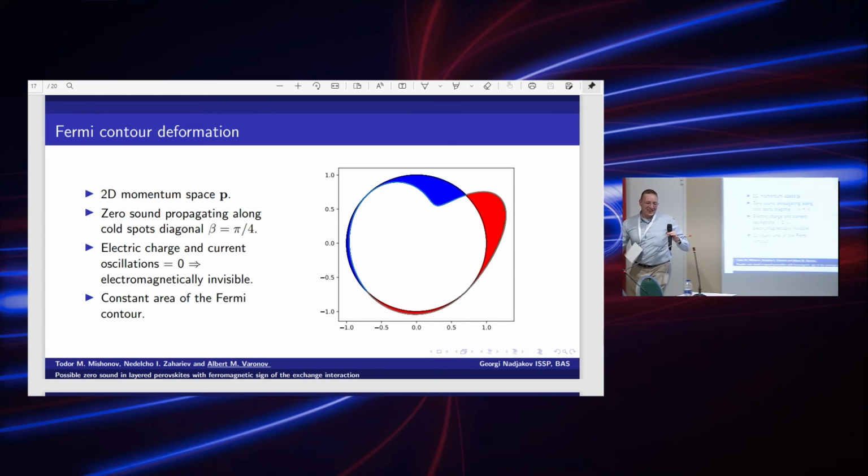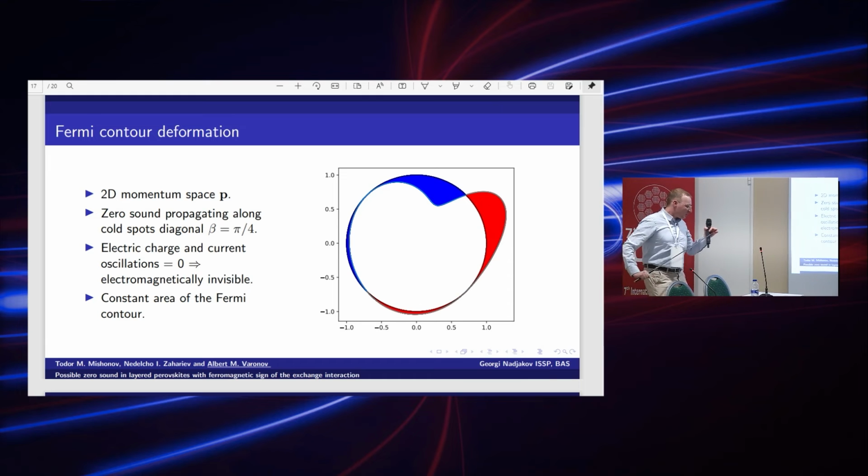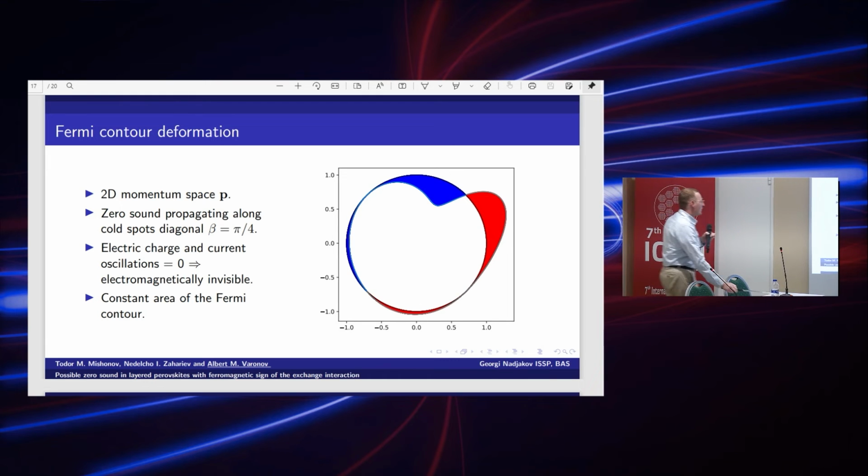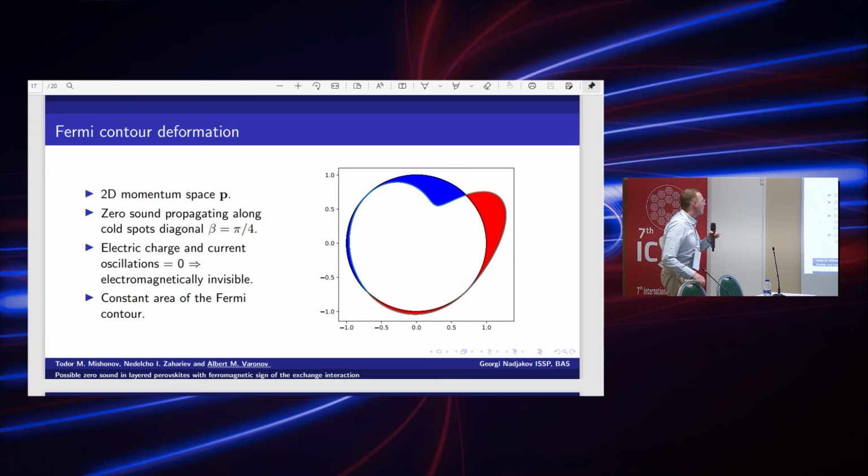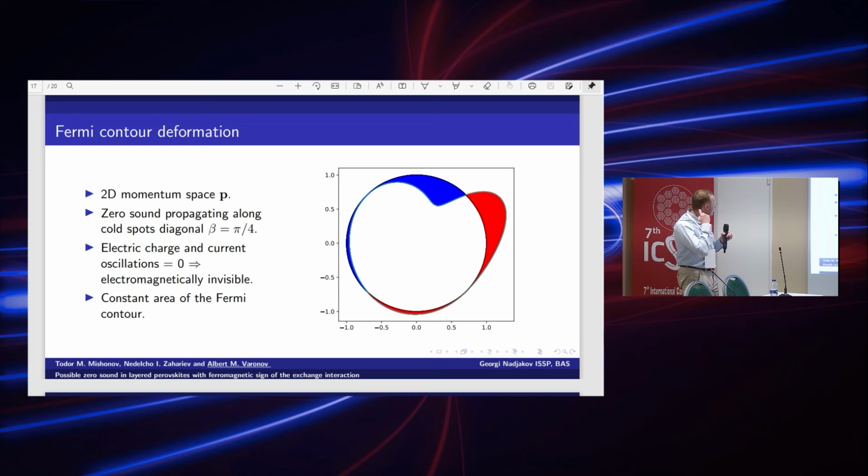But the Fermi contour remains, its area remains constant, but we have ups and downs, and for this beta angle, we have electric charge and current oscillations equal to 0.